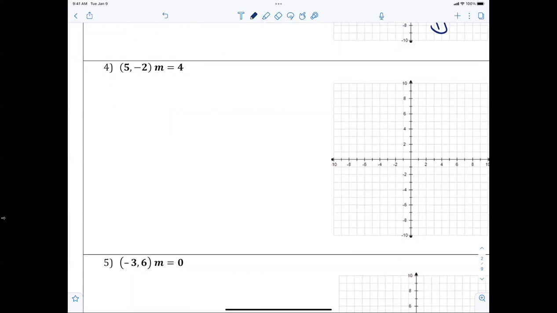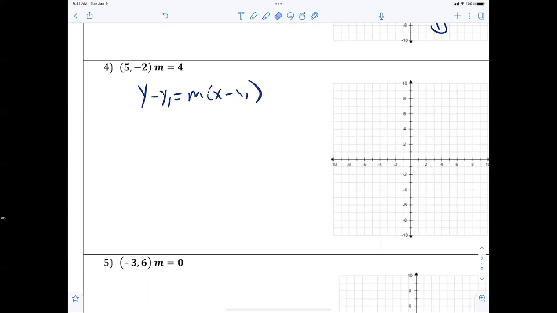Henry, you ready? Go. Mr. Ibanez, you ready? Write the equation. y minus y1 is equal to m parentheses x minus x1. Good. Now what?